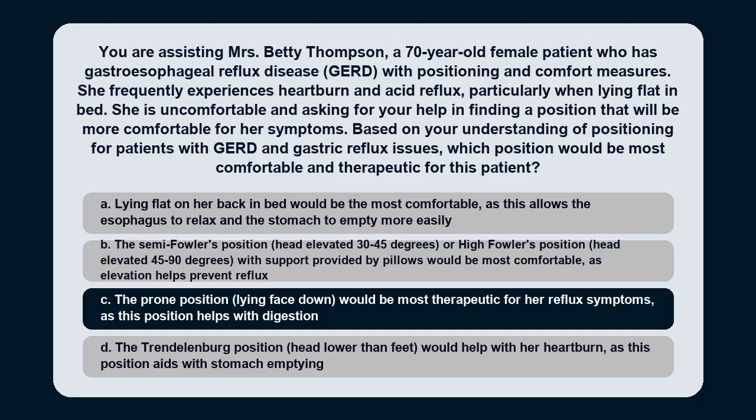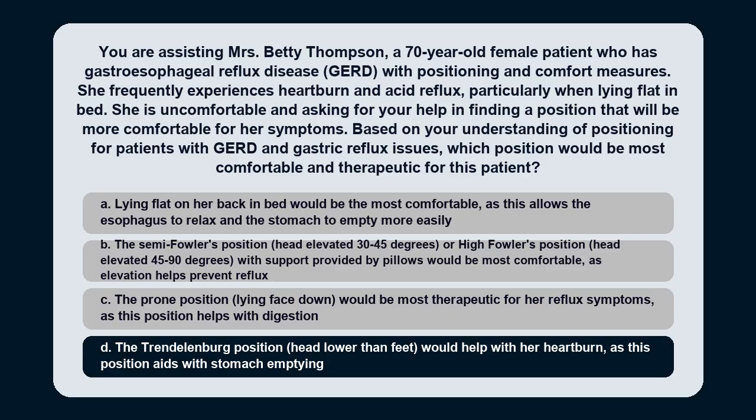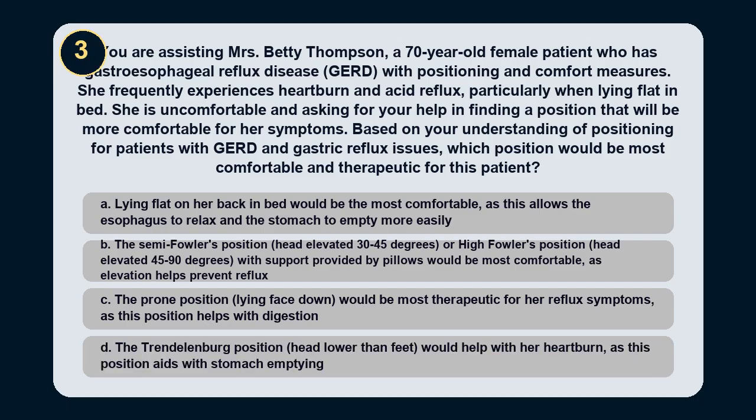Option C. The prone position, lying face down, would be most therapeutic for her reflux symptoms, as this position helps with digestion. Option D. The Trendelenburg position, head lower than feet, would help with her heartburn, as this position aids with stomach emptying.